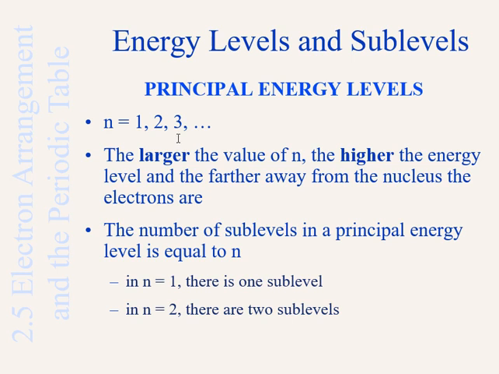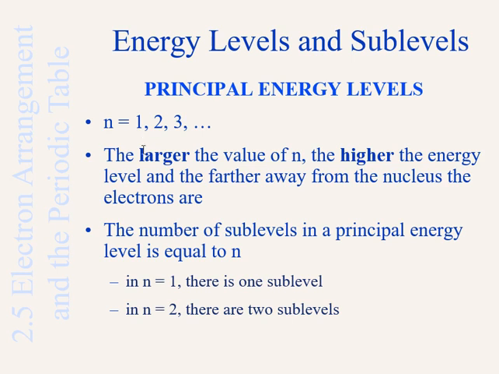Now within each value of n there are sublevels, but n itself, the higher the number, the higher the energy. Please keep that in mind. So when I say n equals 1, that's a lower principal energy level. Then n equals 2 is higher in energy than the n equals 1 level.